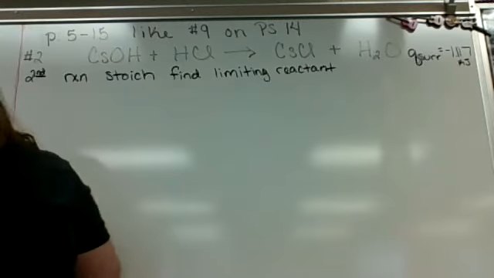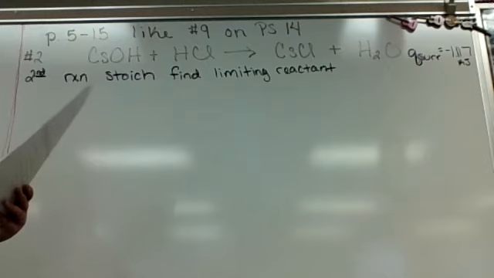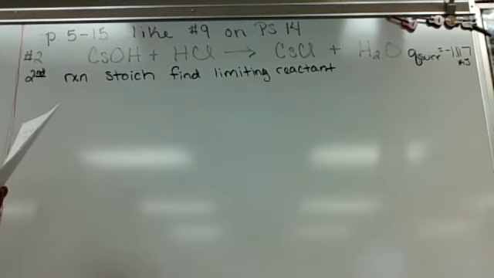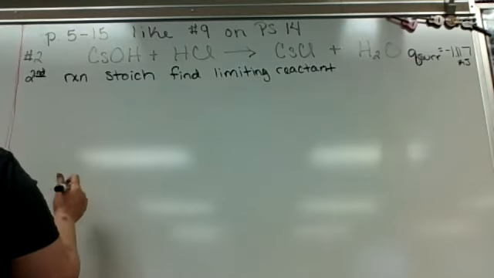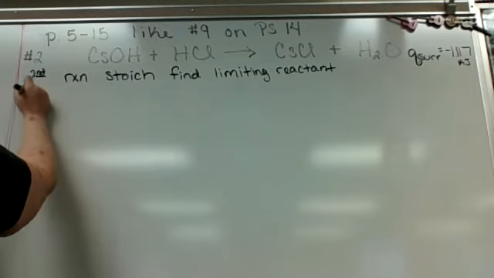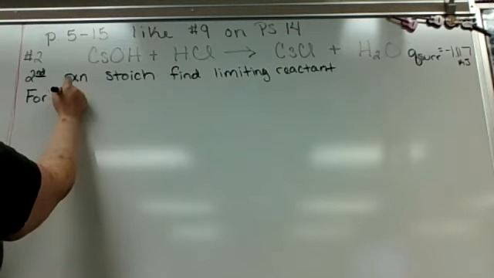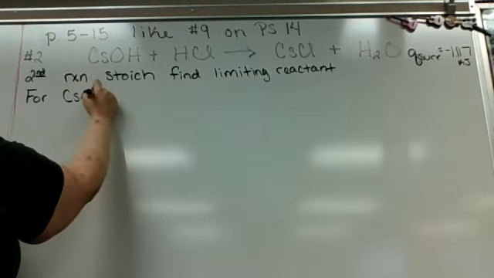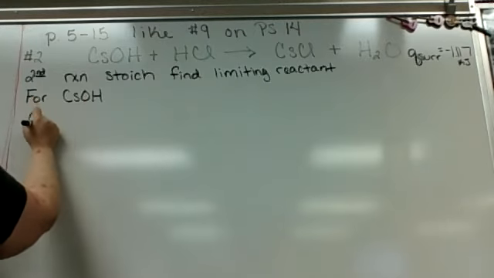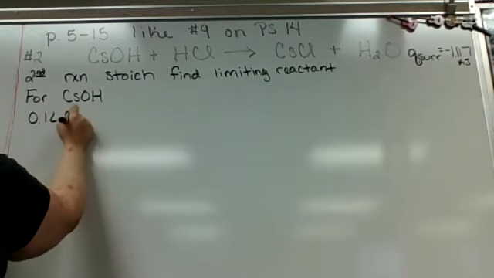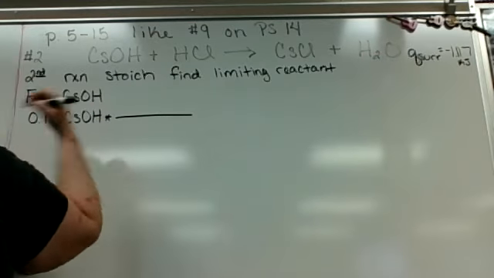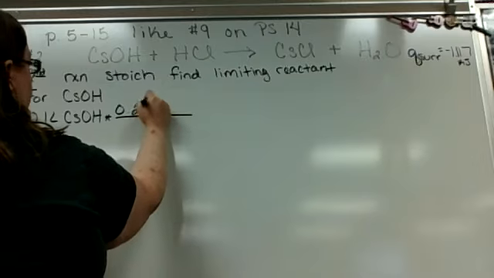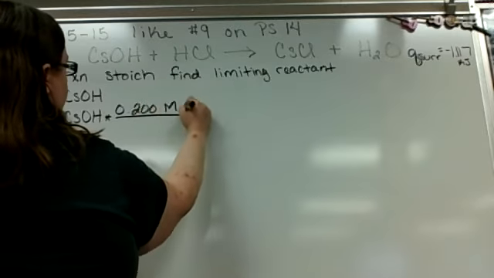So we have a volume and a molarity. We can calculate the moles of product produced. So you have 0.1 liters of CsOH times the molarity, which is 0.200 molar CsOH.